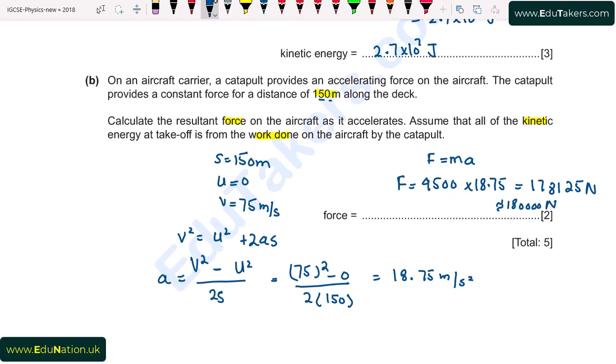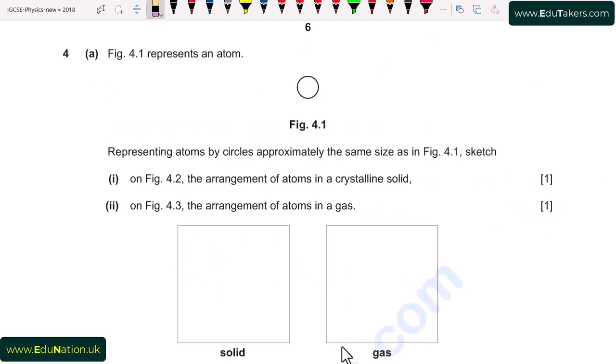It is also equal to 1.8 × 10^5 newtons. So I write here force is equal to 1.8 × 10^5 newtons. So this is the value of the resultant force on the aircraft as it accelerates.